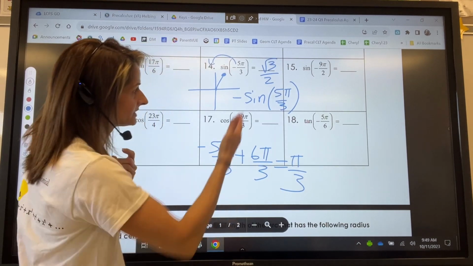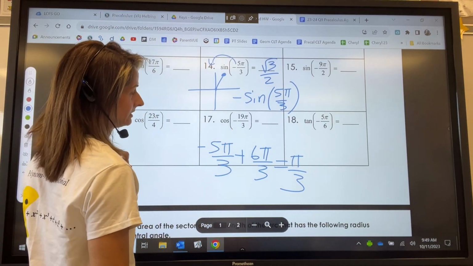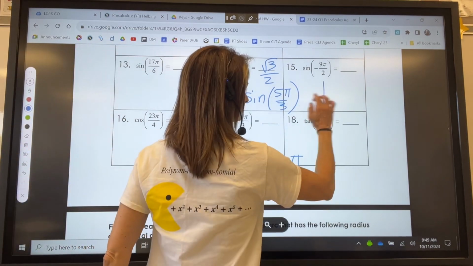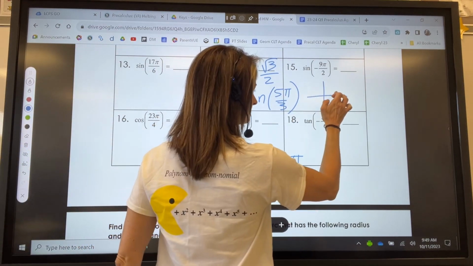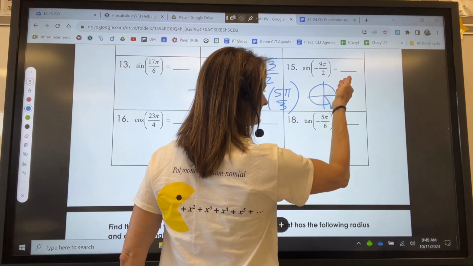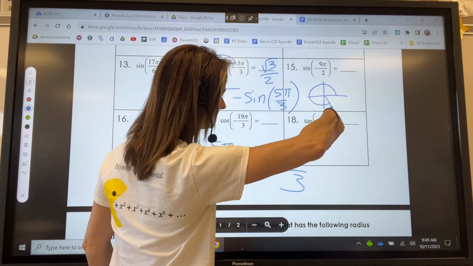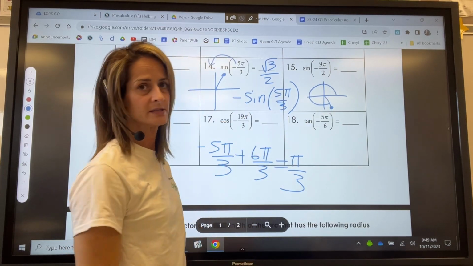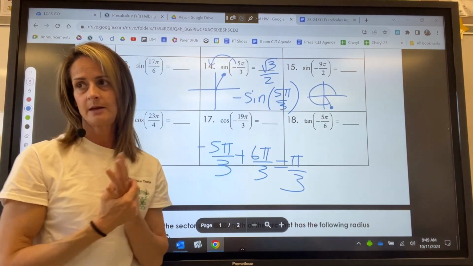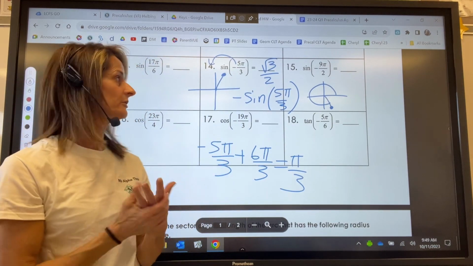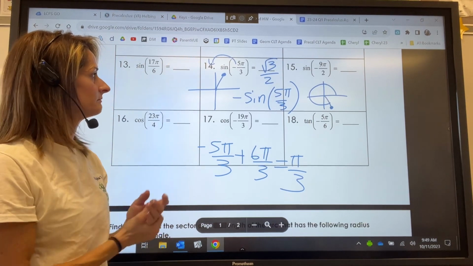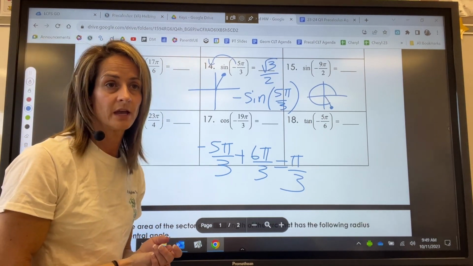Then you'd say, where's 5 pi over 3? If you're going the other way around the circle, because now it's positive, it's going to be almost 6 pi over 3. It's down here. That would be negative because y is negative when it's going down, but there's a negative waiting in front, so it ended up being positive. So no matter how you look at the problem, you're still going to get the same answer. Whether you use even odd functions, coterminal angles, or just look for that value as a negative angle.